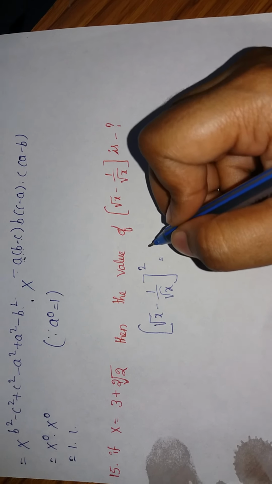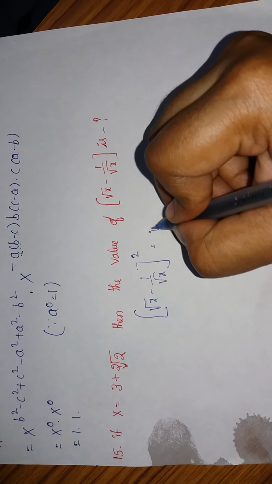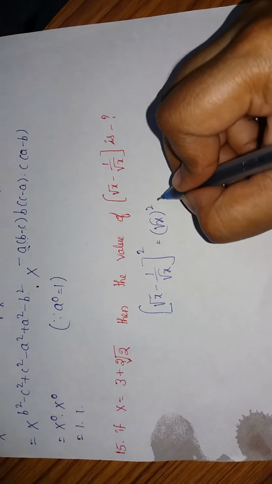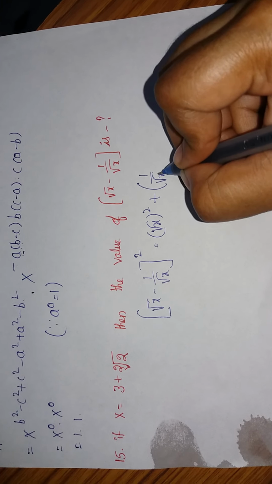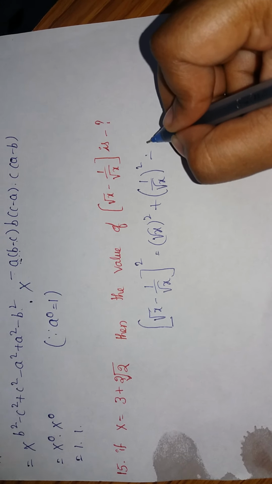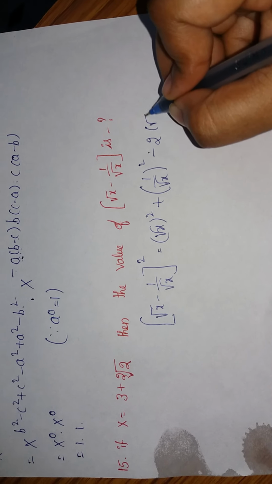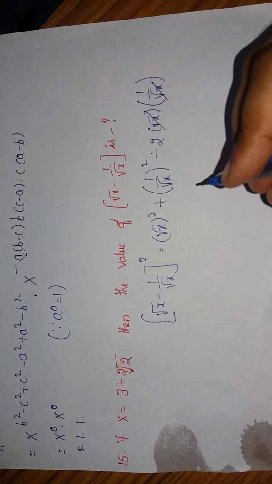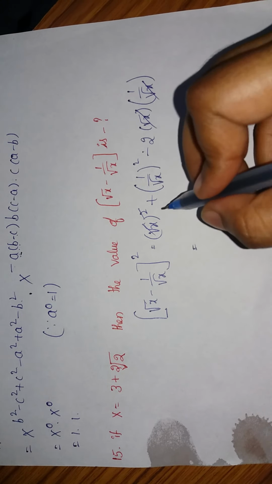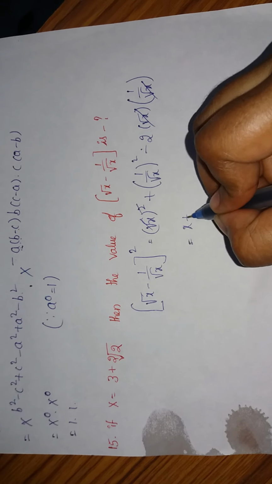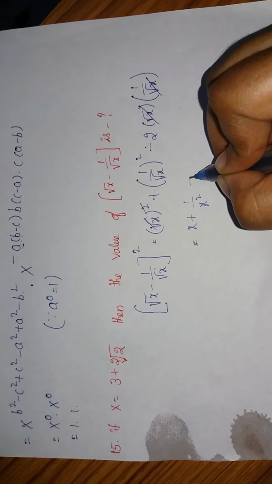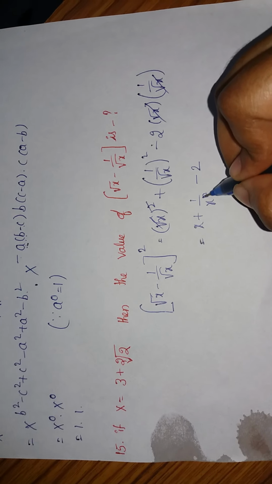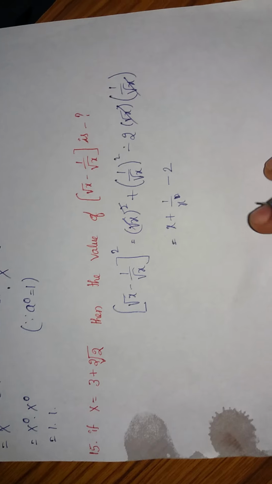So the a minus b whole square formula: a square means root x whole square, plus b square, 1 by root x whole square, minus 2 into a into b. So here root x gets cancelled, so x plus 1 by x minus 2.